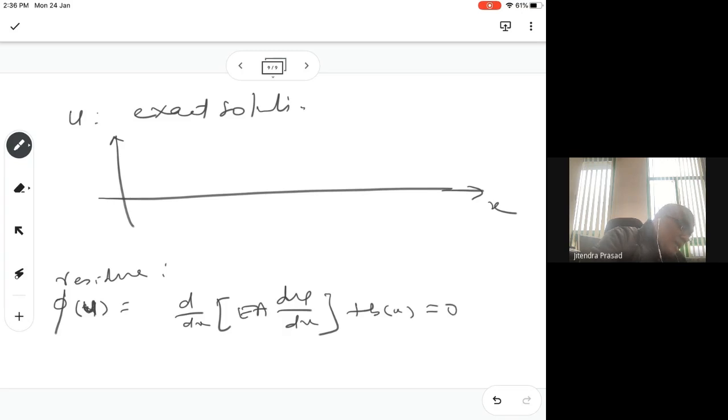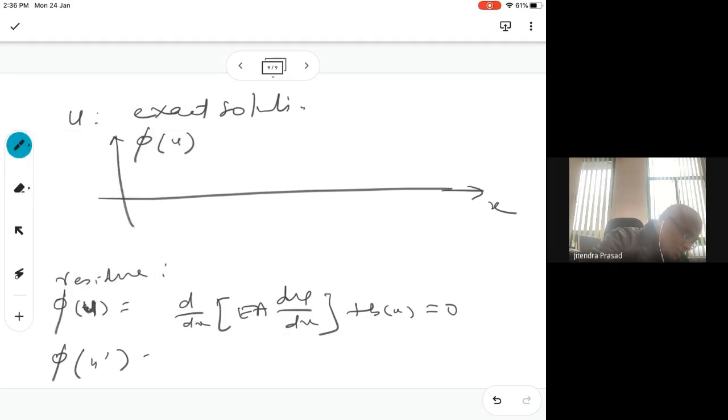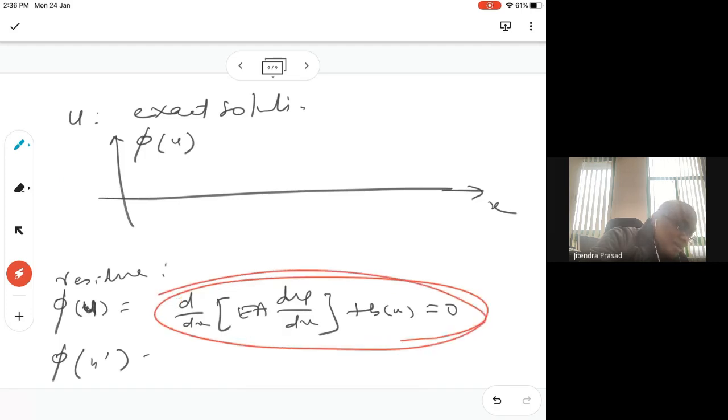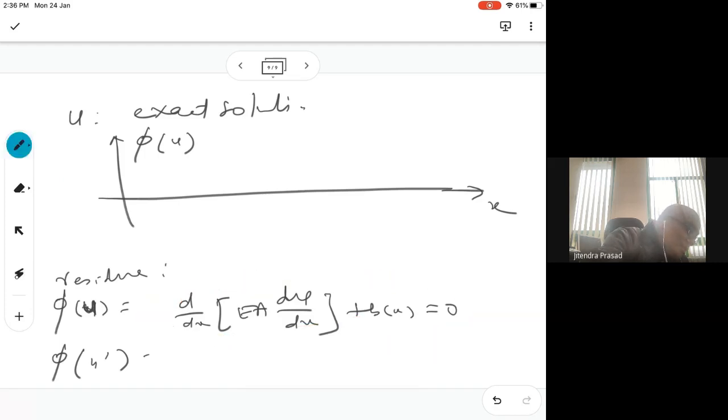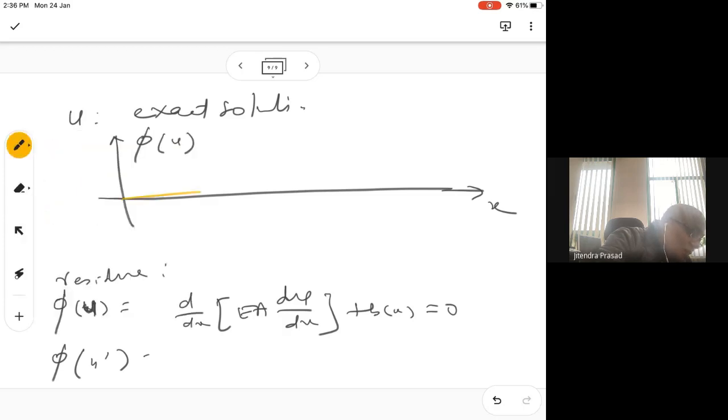So this is phi u, and this is phi u dash. Phi u has to be 0 everywhere, and hence if u is the exact solution, the value will be 0 everywhere.